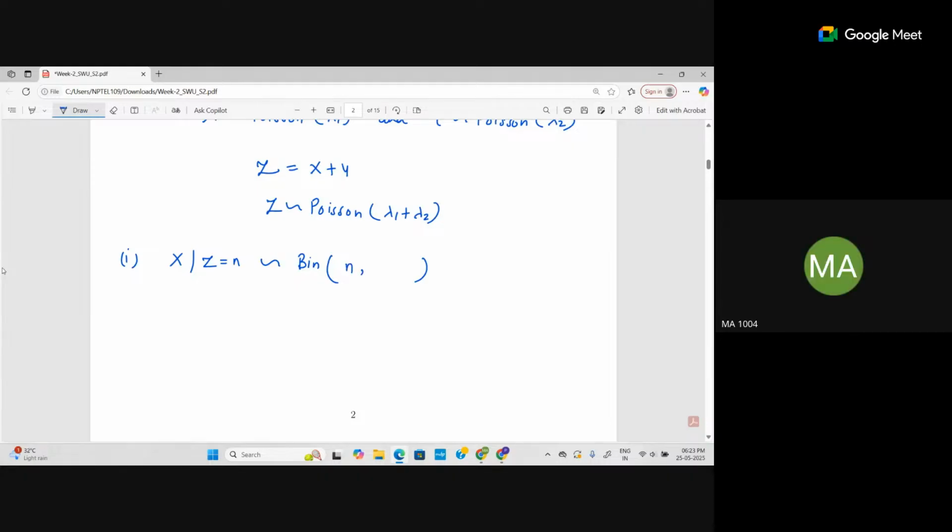Yeah, so parameter n, and the probability of success will be lambda 1 divided by lambda 1 plus lambda 2. Similarly for y given z, that will be binomial, n comma lambda 2 by lambda 1 plus lambda 2. Okay, is it clear to everyone?